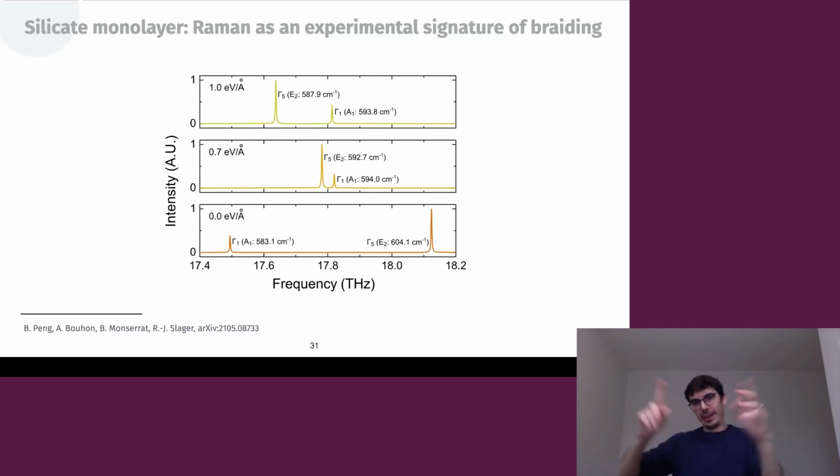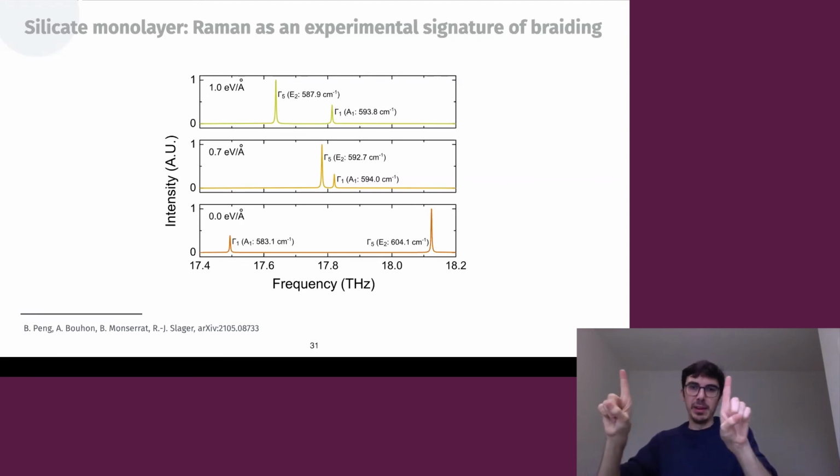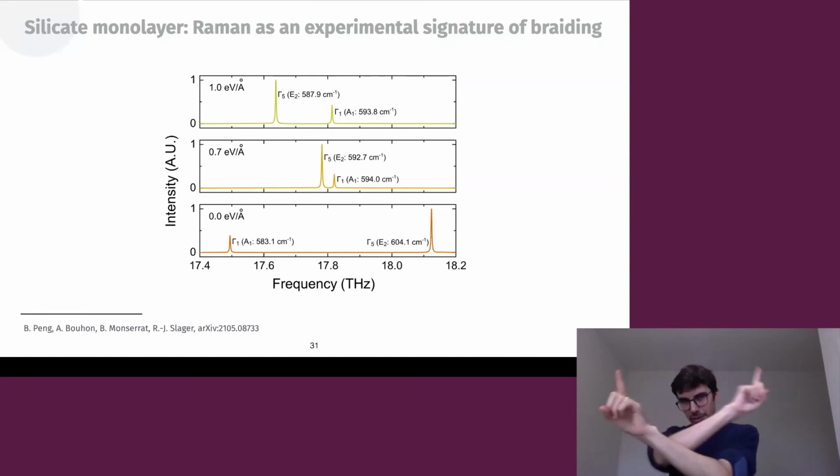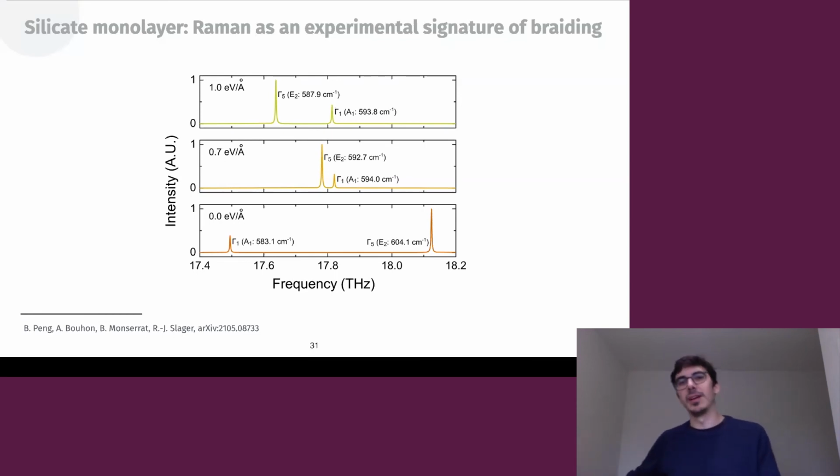Essentially, the 2 peaks we're interested in are Raman active, and when the braiding occurs, they come together and then cross. So observing this crossing would be a signature of the underlying braiding that's going on in this material. Of course, one could imagine doing more complex things like neutron diffraction and so on to explore the full phonon dispersion, but we think this could be a simple example to take phonon braiding forward.